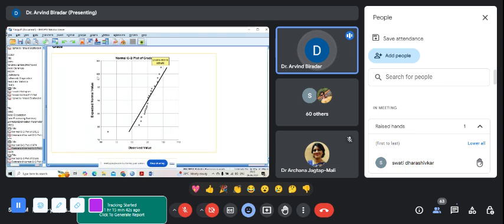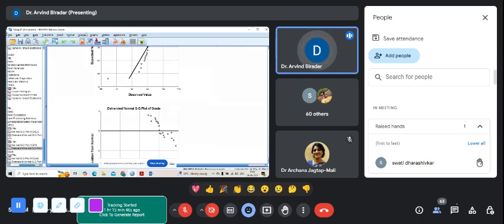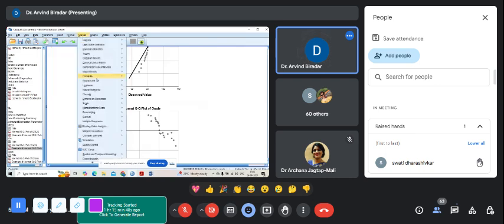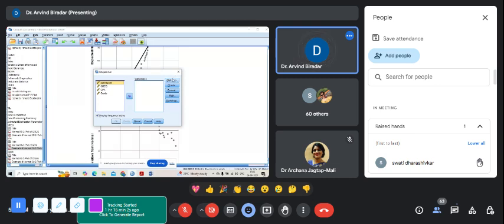The observed values and expected values are available over here. Frequency is also there. Normality test is there.